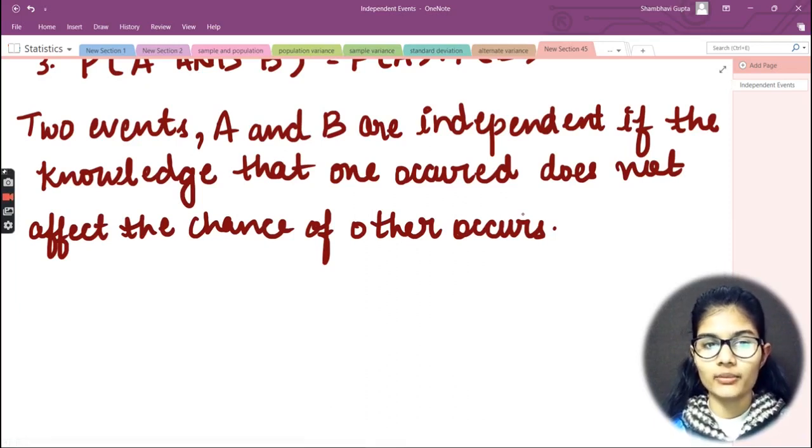In that case, the two events are said to be independent. This is what independence means here.